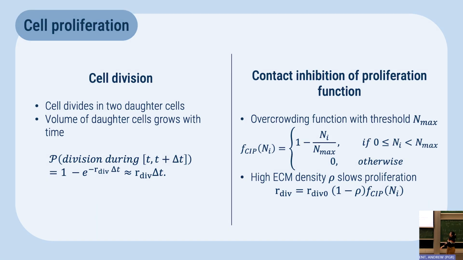Essentially, I'm fixing a threshold for the neighbors, above which the cells will not proliferate at all. So if I have n max or more cells around me, there's not enough space, and the cell will not divide. It is a decreasing function for ni less than n max. Similarly for the ECM density, if the ECM density is particularly high, then the rate of division will decrease.